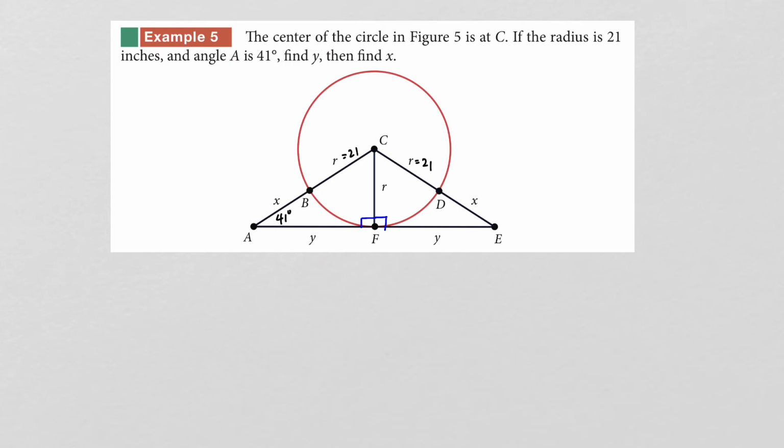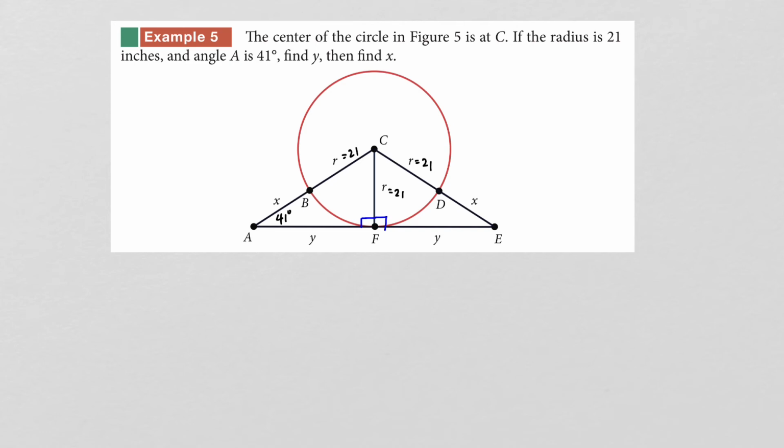To find Y, we need to notice that Y is the adjacent side to the angle 41 degrees. And then we need another side of the triangle. Well, remember that if R equals 21 here and R equals 21 here, this is also R. So this side here is also 21.